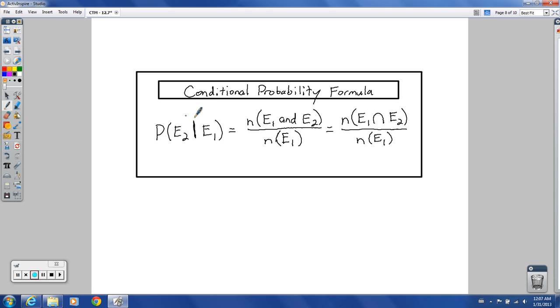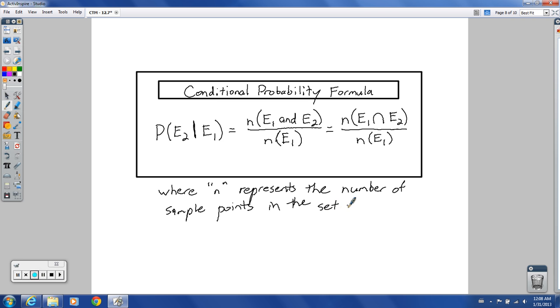I know these are the 2 events, this is a probability, so let's write underneath here, n represents the number of sample points in the set in parentheses.